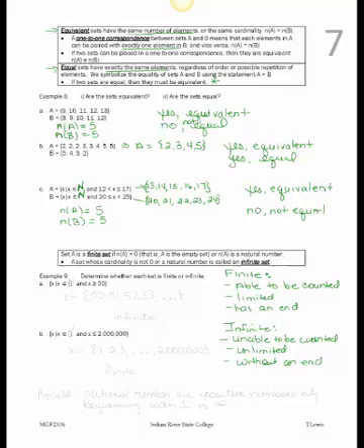So example 9, it says determine whether each set is finite or infinite. Example A, the set of natural numbers where x is greater than or equal to 50. So let's write this out using the roster method. X is greater than or equal to 50. 50, we can keep going. 51, 52, 53, we can keep going.